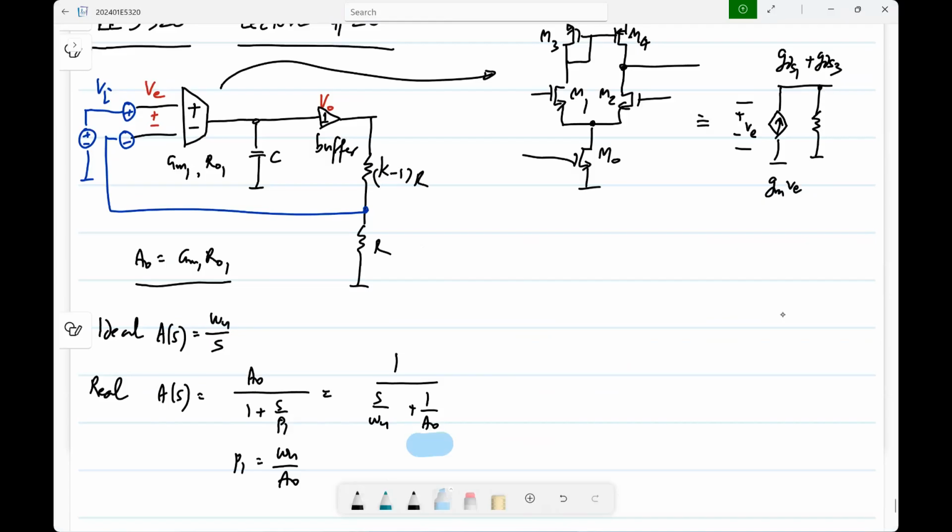Okay. So now how do we fix this? There are different ways. Again, the transistor level implementation we will postpone for later.